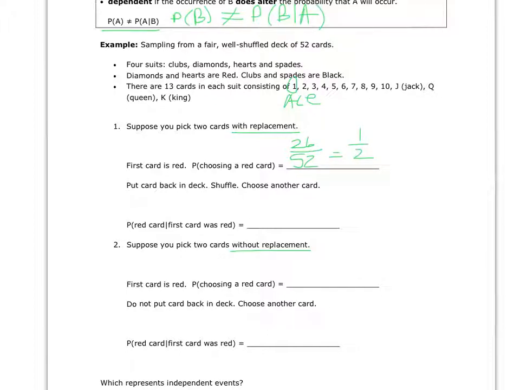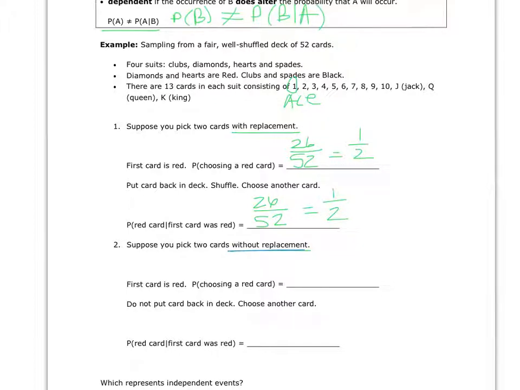Half of the cards are red. All right, now let's say we put that card back in the deck, we shuffle and we choose another card. Now, what is the probability of choosing a red card with the second one given the first card was red? Well, we put the card back, so we have the same probability, 26 over 52, so 1/2.